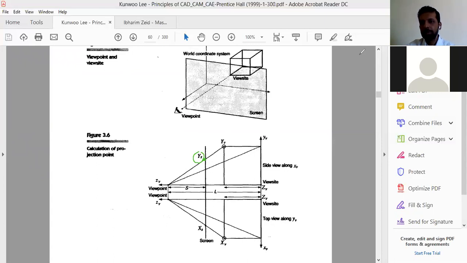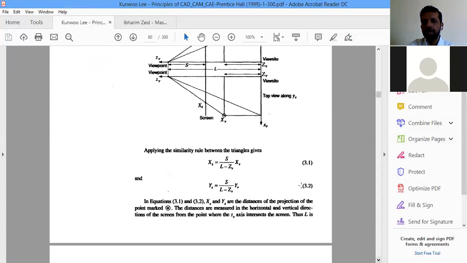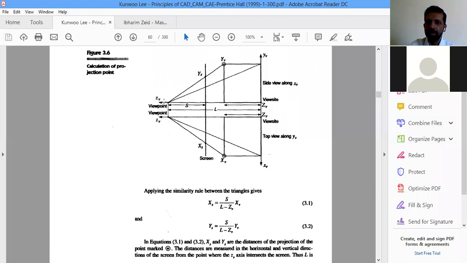To come up with this, we are going to use the similarity rules between triangles. There are two triangles over here. If we carefully observe, one triangle starts from the viewpoint, goes up to this point on the object, and comes onto the z axis, which makes up one triangle.